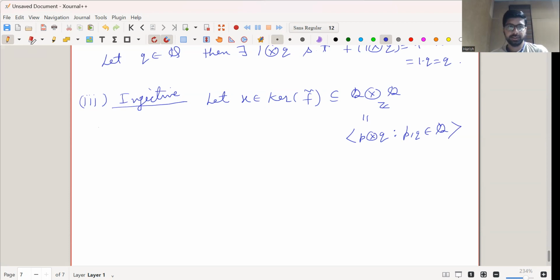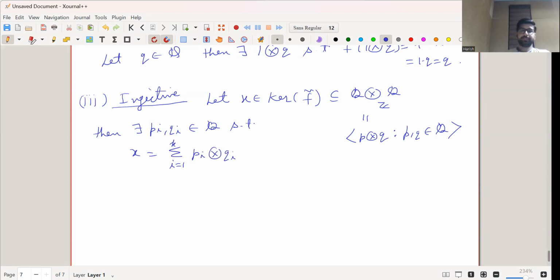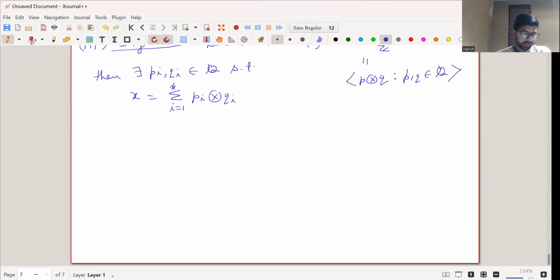That means there exist p_i and q_i in Q such that x can be written as a linear sum of elements of this kind: x is the sum for i equal to 1 to k of p_i tensor q_i. Now you can do one more thing.